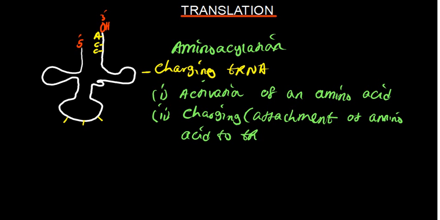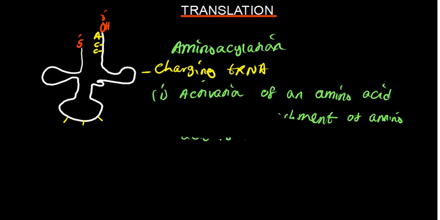So these two are what comprise the process of aminoacylation. So let's go back and look at how this activation of an amino acid takes place and what is involved there. Then we can come to explain about this charging of amino acids. Then we can say we are done with aminoacylation.